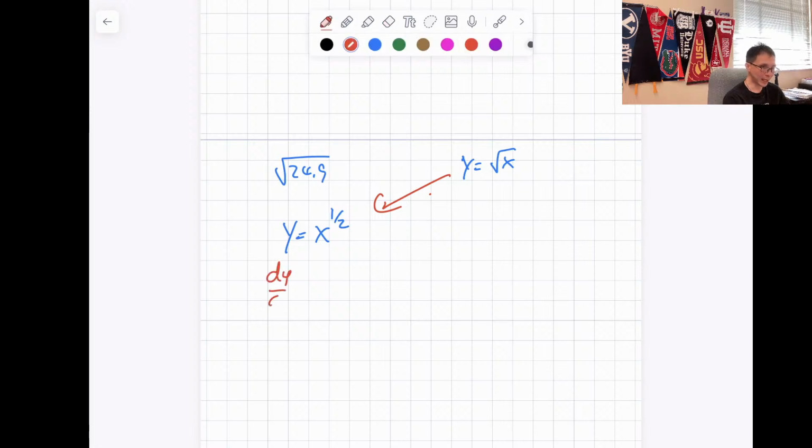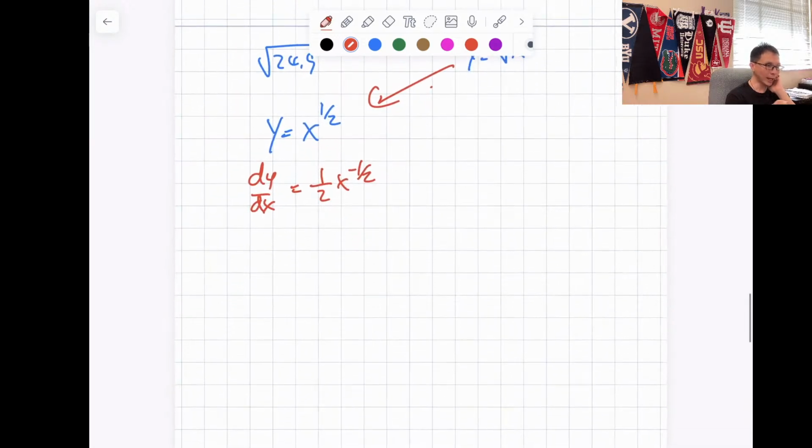So dy/dx is equal to what? 1/2 x to the negative 1/2, right?